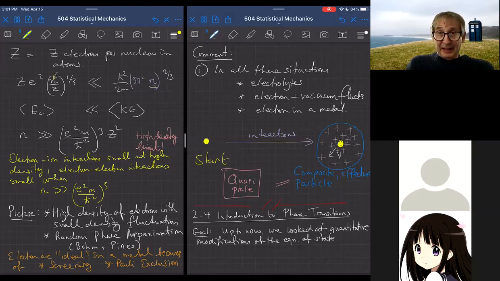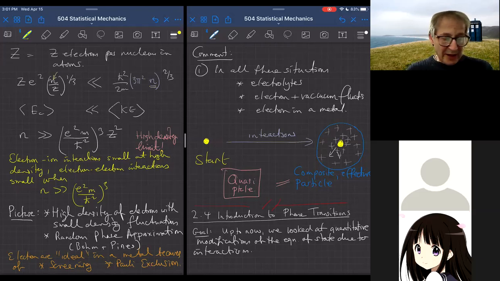Excuse me, I'm going to sneeze probably in just a minute. It'll come and go. Okay, so we looked at quantitative modifications of the equation of state due to interactions. Okay, so that's what we did up to now.